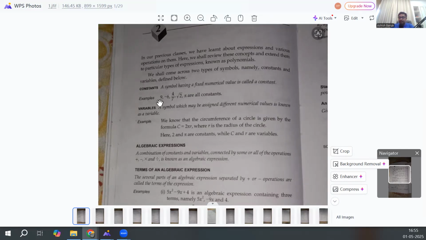Suppose 9, minus 6, 4 by 7, square root of 2, pi, all these are constants. Means the number 9 in India, the number 9 in USA or in China or in Japan or anywhere in the world, 9 remains 9.